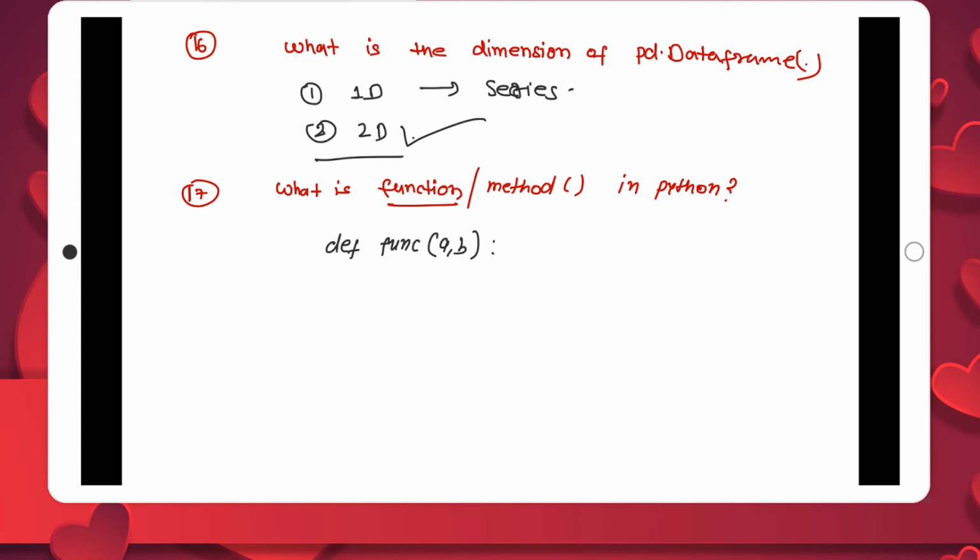Once you put the colon, then you need to put an indentation with one tab, and then you can write c is equal to a plus b, and then finally you can return this c from this function. So it will return a value, and then finally you can call this func anywhere like with 2 and 3. Then finally this will return the value of 5, because these are being added together, that is 2 plus 3.